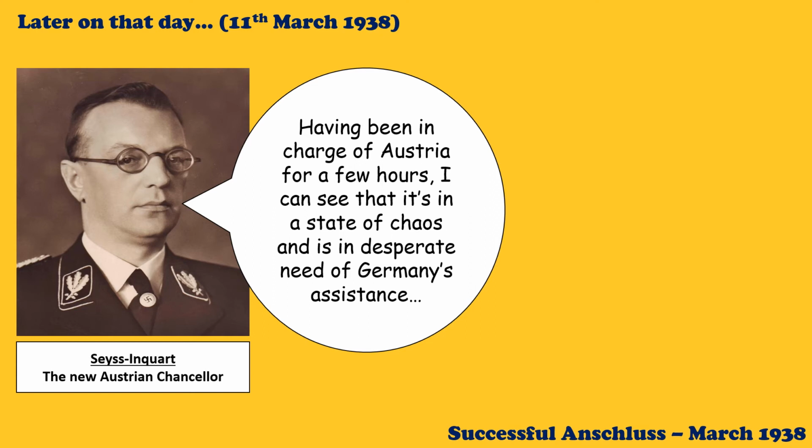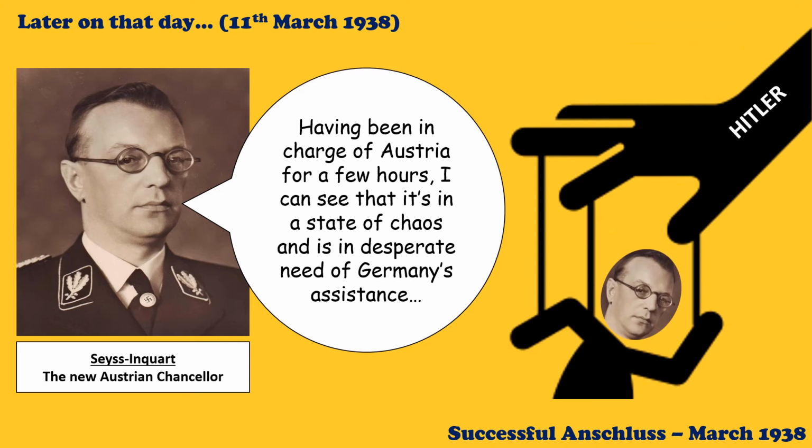We need your support, Hitler," he is saying. And so what happens from the 11th of March is that Seyss-Inquart basically becomes Hitler's puppet. And he will do whatever Hitler wants. And it's all okay, it's all above board, because Hitler and Germany are there helping out in Austria's time of need. Anschluss, however, has not been achieved just yet.